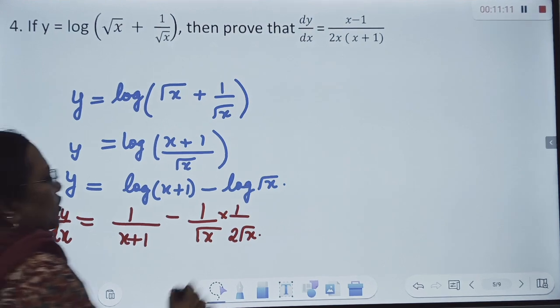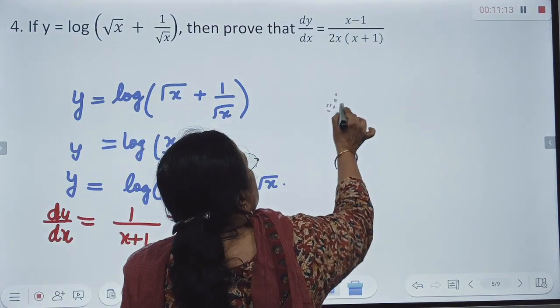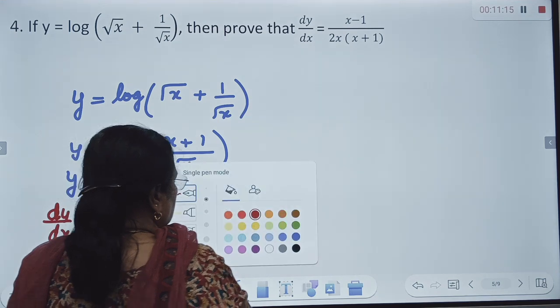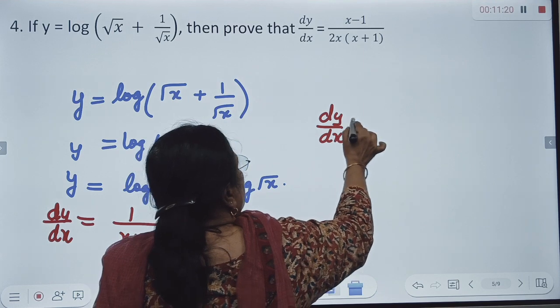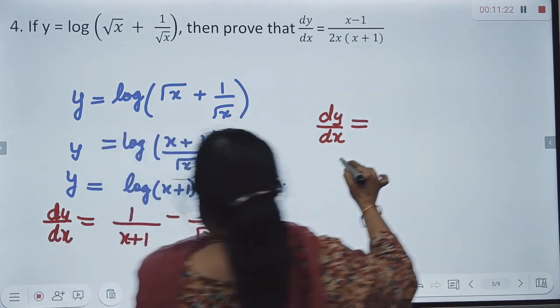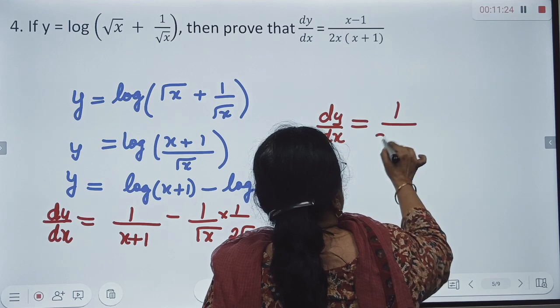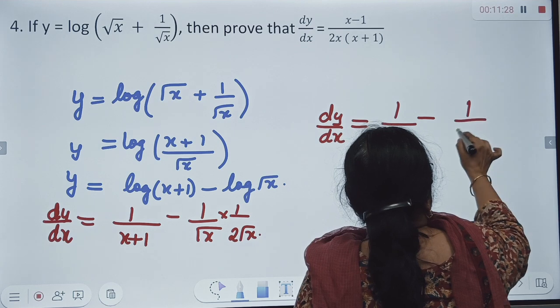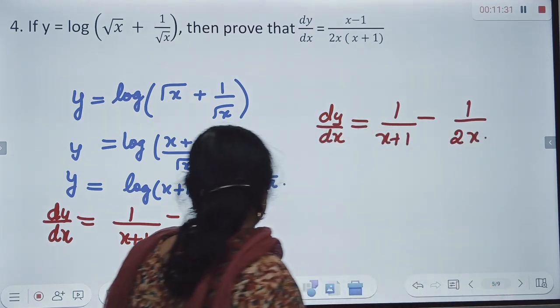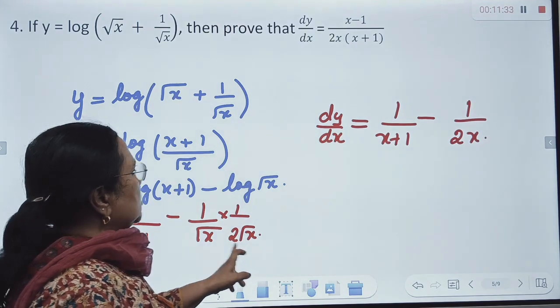Therefore dy by dx is equal to 1 by x plus 1 minus 1 by 2x. Root x into root x is x, so 2x.